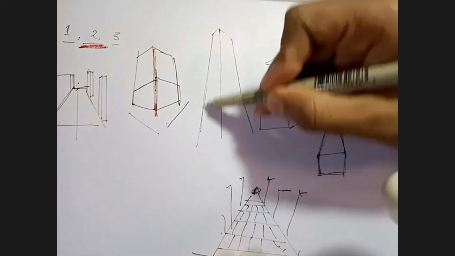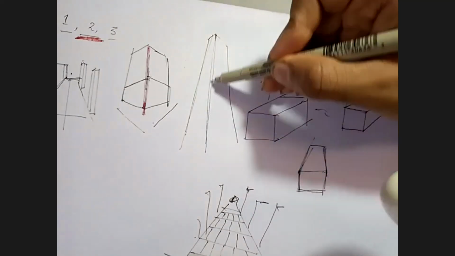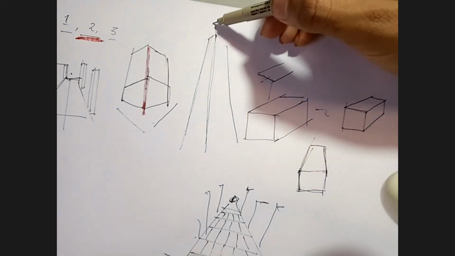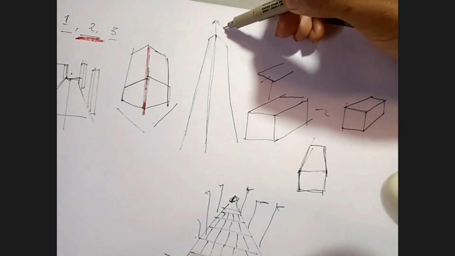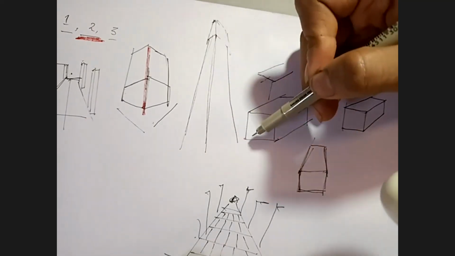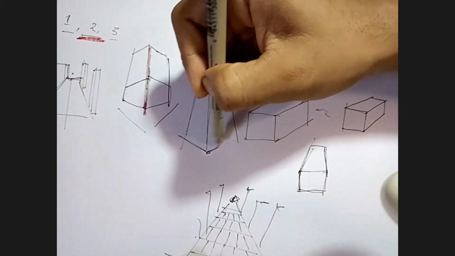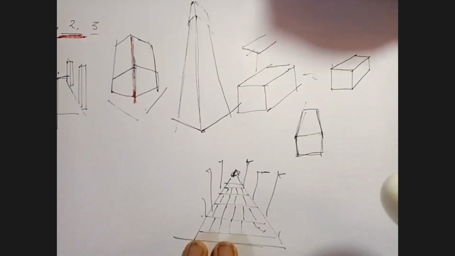It kind of seems like these edges tend to merge, like you can hardly see them. Haven't you observed this? Skyscrapers, towers, especially when you're looking up onto something.